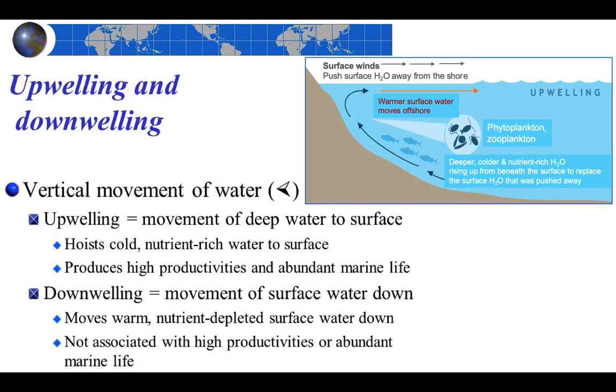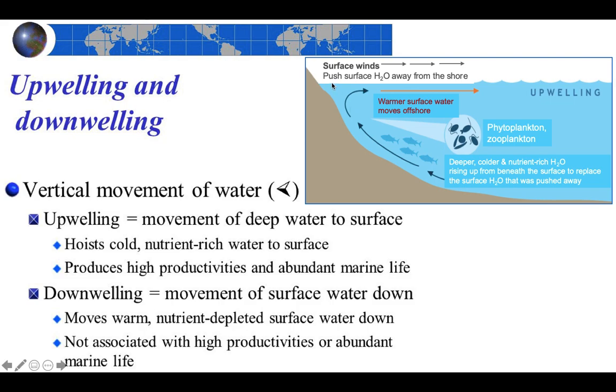Upwelling and downwelling are two important phenomena in the oceans, and they're related to, again, surface currents and what happens between the lower atmosphere and the ocean surface. So you're looking at the diagram here on the right-hand side.